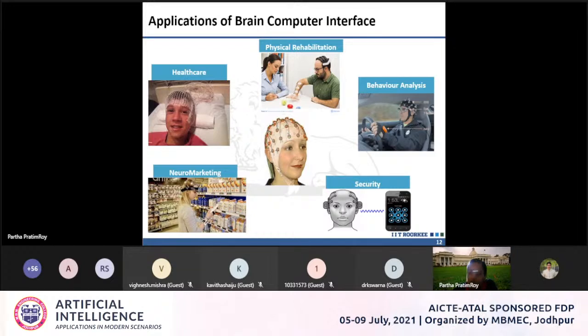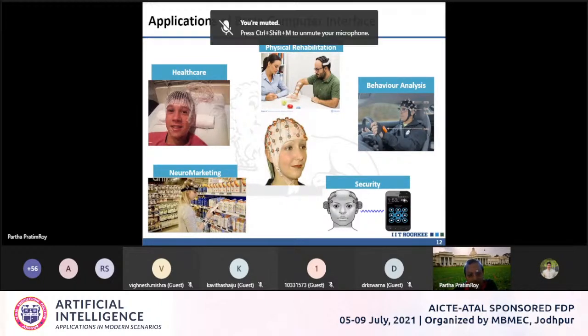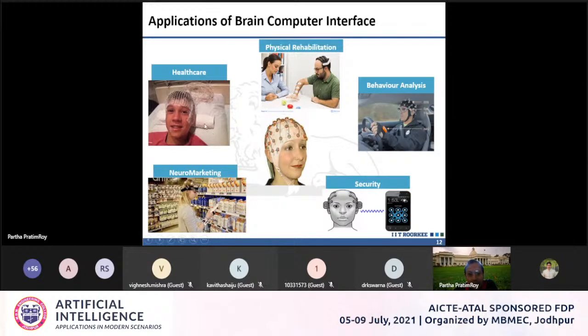So not only in healthcare, these EEG signals could be used for other purposes beyond healthcare. We can also use these EEG signals for physical rehabilitation. For example, if someone's hands or legs or some limbs are not functioning properly, we could use rehabilitation based on what he is thinking.